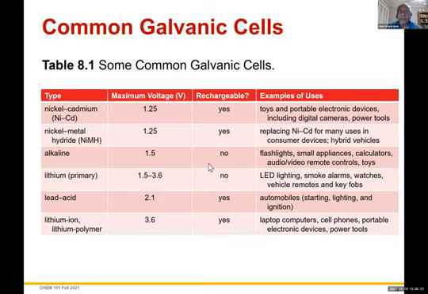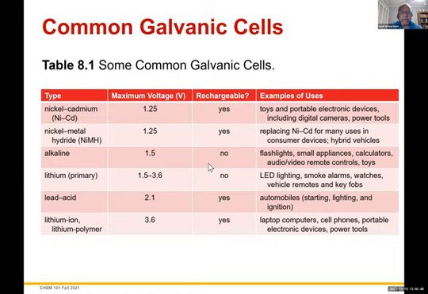Some of these cells are rechargeable, some are non-rechargeable. Alkaline is not rechargeable. Nickel cadmium is, yes. Nickel metal hydride also can be recharged. Lead acid batteries, automobile batteries, can be recharged. A cell is 2.1.